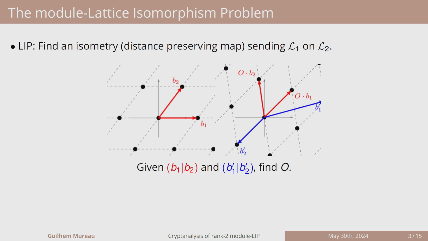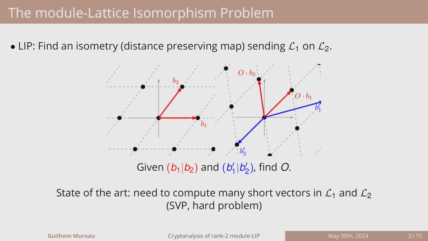The goal is to recover the isometry. The state of the art for solving this problem requires computing potentially many short vectors in both lattices. This is related to SVP, the shortest vector problem, which is well known to be a hard problem.